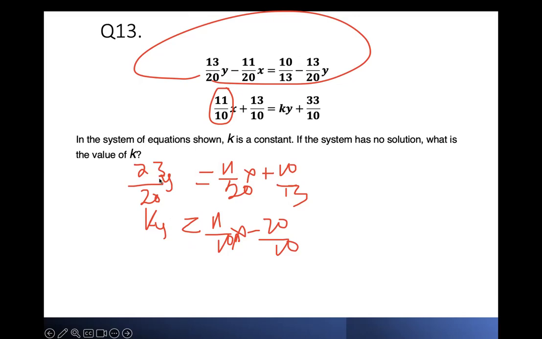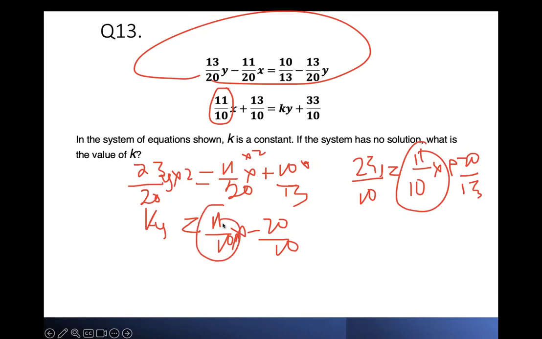Why? I can change this. I can multiply this by 2. I multiply this by 2, by 2, by 2. This becomes 23 over 10 y is equal to 11 over 10 x plus 20 over 13. That means this gradient is the same as this gradient.